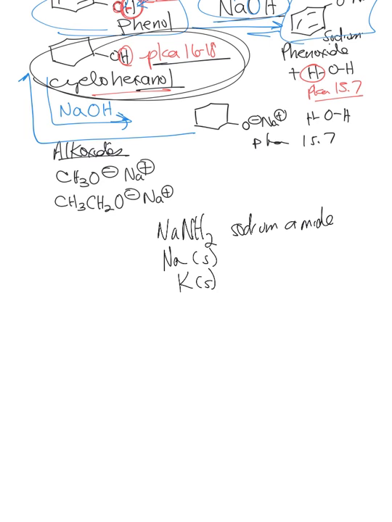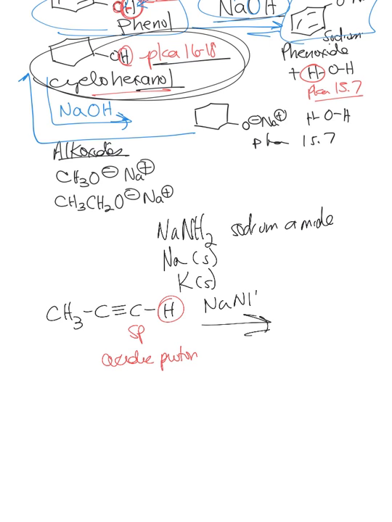So let's look at even our alkynes. You all know that this sp hydrogen is an acidic proton. So when you have sodium amide, NaNH2, you do get the sodium acetylide.